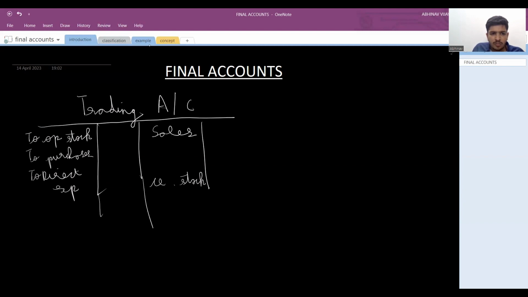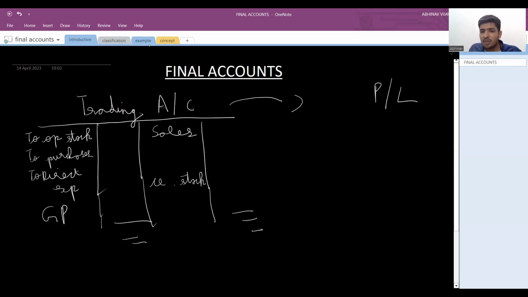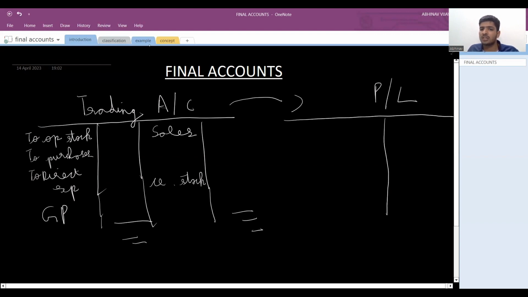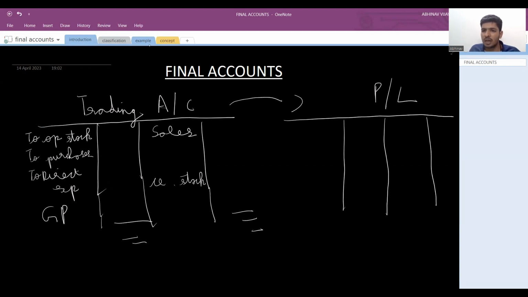And once you find out which side has more value, all additions and subtractions will happen. And finally, you get a gross profit. Don't have any doubts now because I've not even started explaining. This is an overview. I'm giving you an overview now because the entire chapter revolves around these formats. I'm giving you the format now so that it forms part of your brain right now.